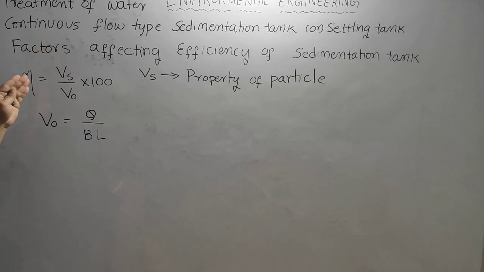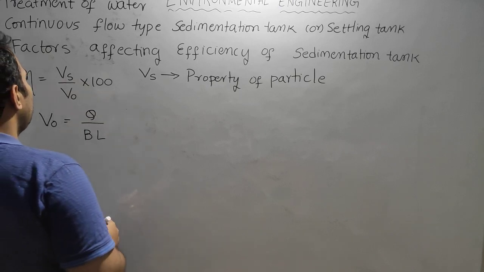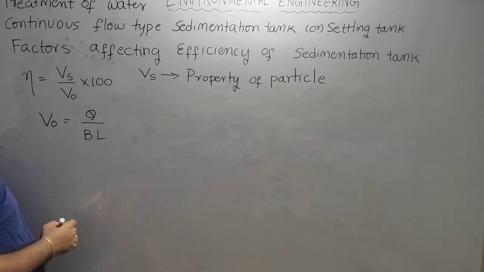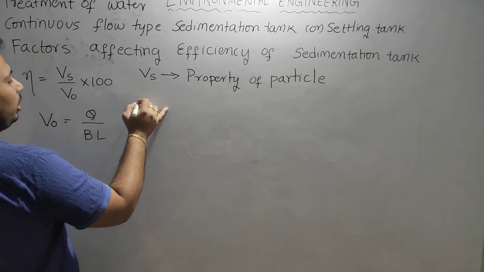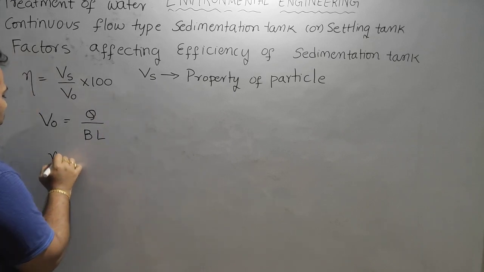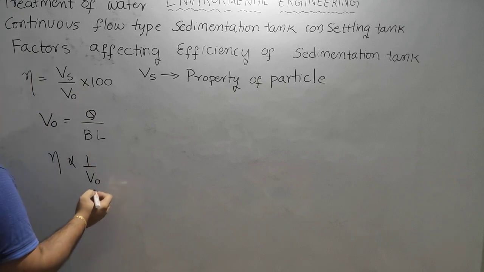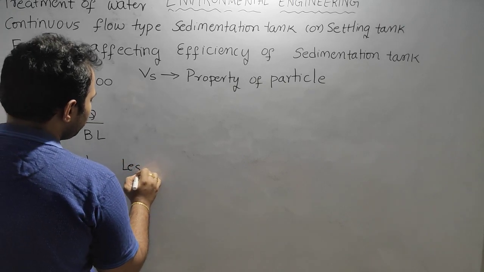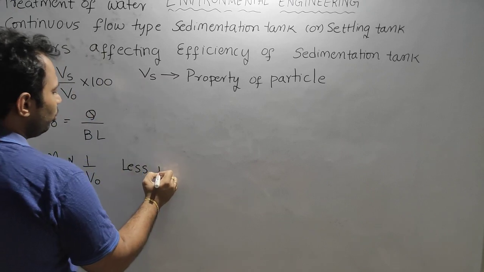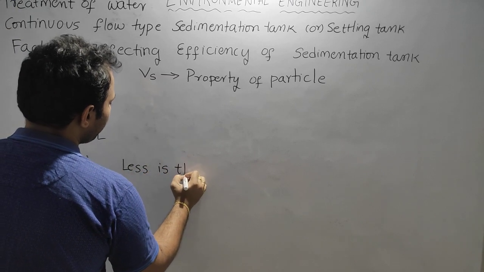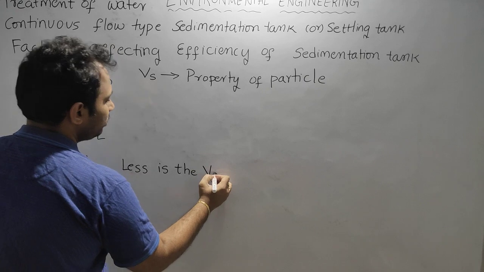So, efficiency is inversely proportional to the overflow velocity, that is, efficiency is proportional to 1 by V naught. That means the less the overflow velocity, the more the efficiency.